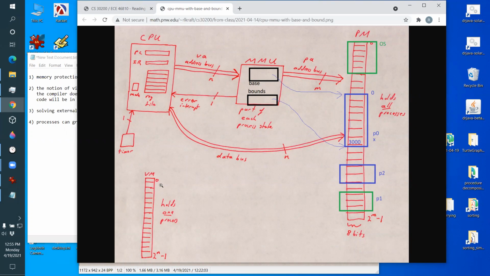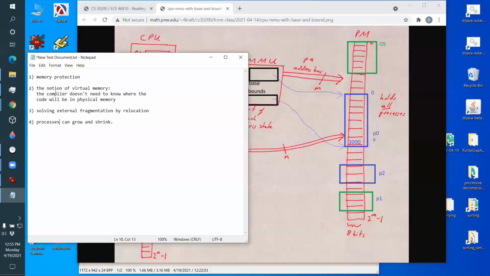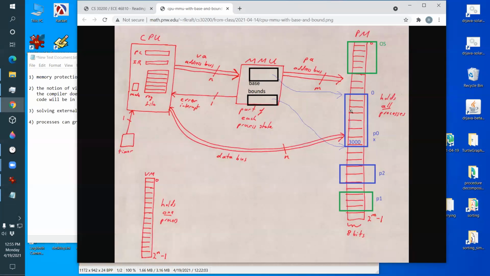So when the compiler compiles your program, it can pretend that your program has all of memory and it's the only program in memory. That's a huge advantage from the point of view of the compiler and other programs too. Every program thinks it owns all of memory, but actually it owns all of virtual memory. For all the compiler knows when it's compiling your program, this is all of physical memory.